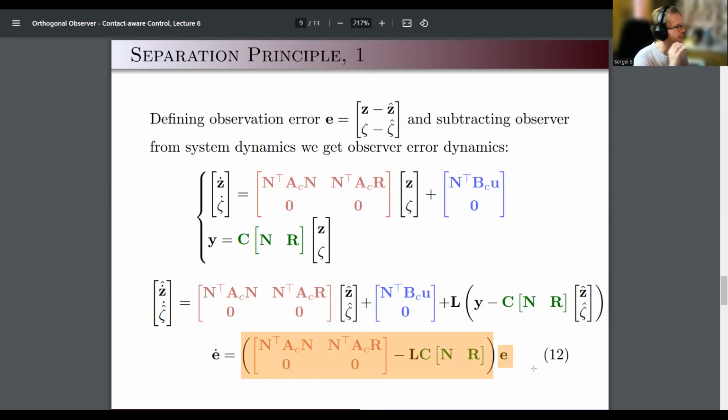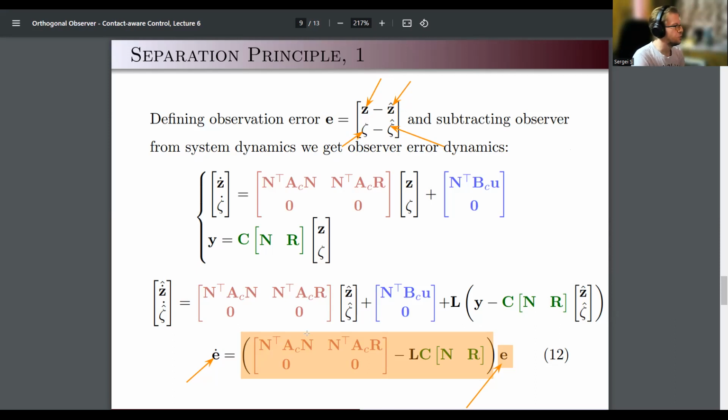Let me point out a critical fact here. It is very important, if you're going to design it yourself: E dot depends only on E. It does not depend on either Z or Z hat, zeta, zeta hat. In normal Luenberger, it wouldn't depend on X or X hat. It only depends on E. Of course, you can say E depends on those variables, but that would be missing the point.